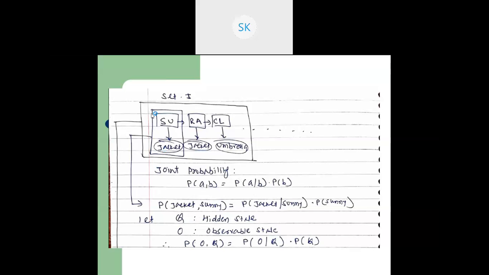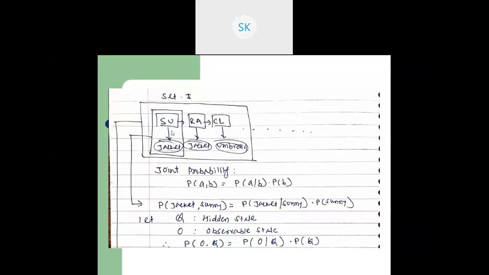Now with respect to the first state 1, I am taking this particular portion, the first rectangle, where the hidden state is sunny and the observation is jacket. The computation of this only.